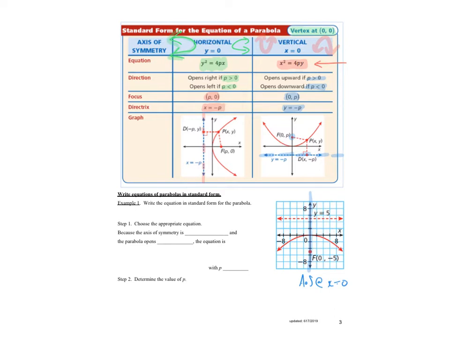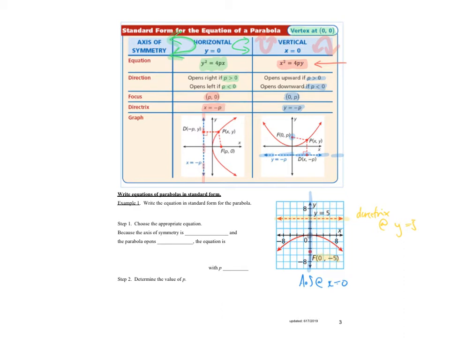We have a directrix at y equals 5, and our focus is 0, -5, and you can see our vertex is passing through the origin.